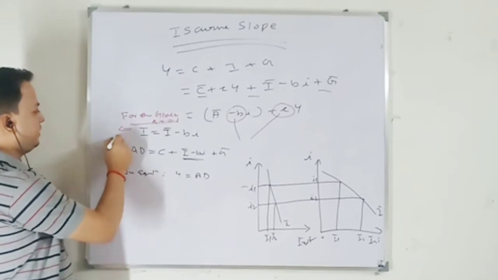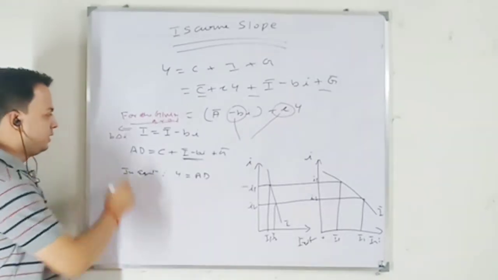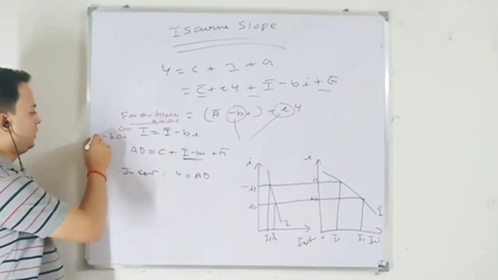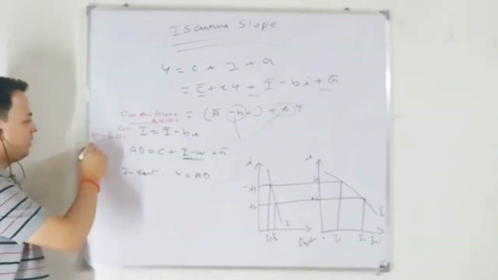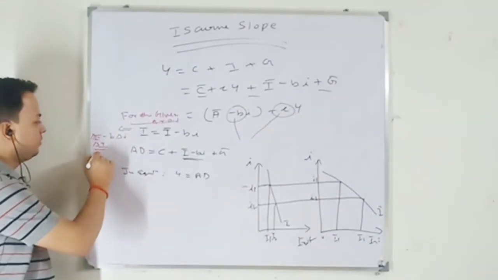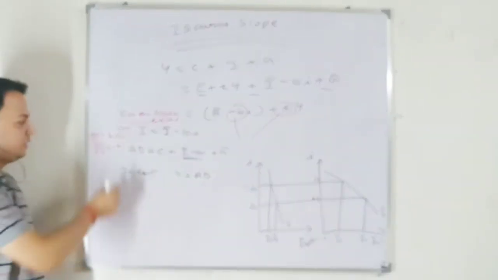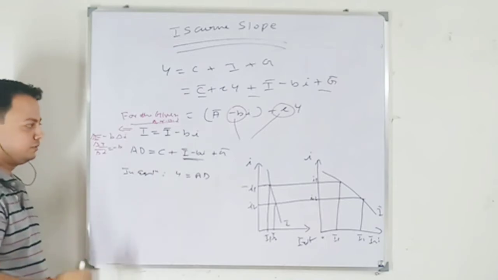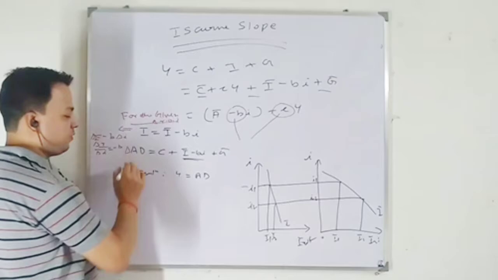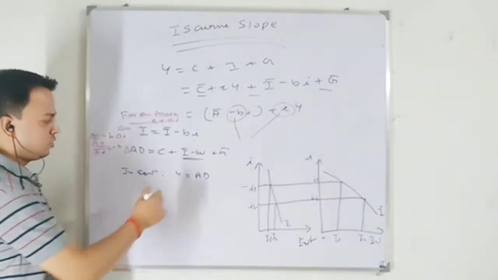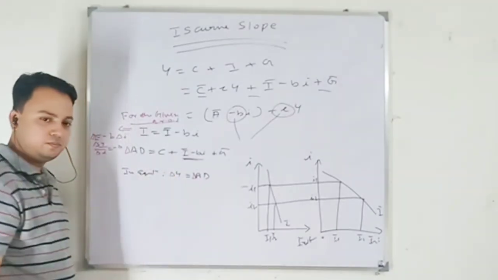When my interest rate is changing, this responsiveness B term is more. The negative sign, autonomous part will be 0. Then my change in investment will be more. The change in investment due to change in rate of interest will be minus B. When my responsiveness is more, my change in aggregate demand will be much higher.